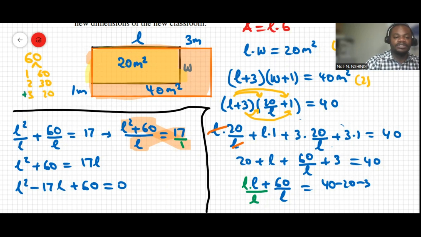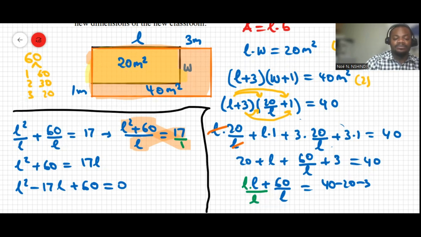How if it's a positive 3 and a negative 20? But hold on a second. If I say 3 and negative 20, the product doesn't make positive 60, the product makes negative 60.